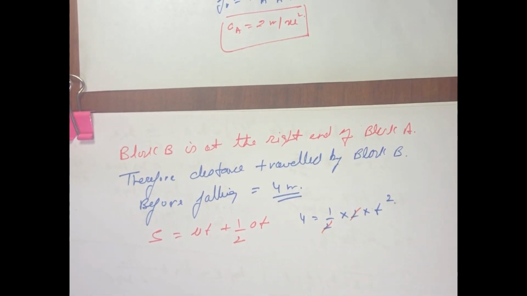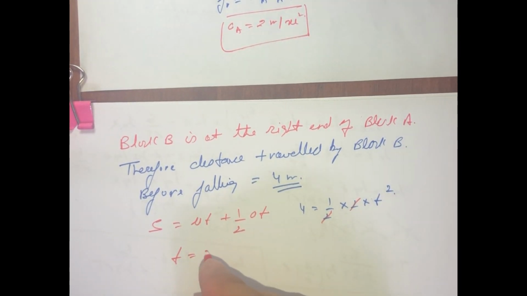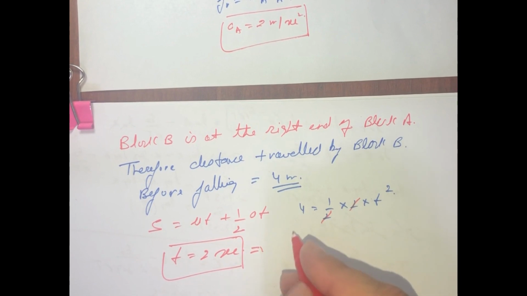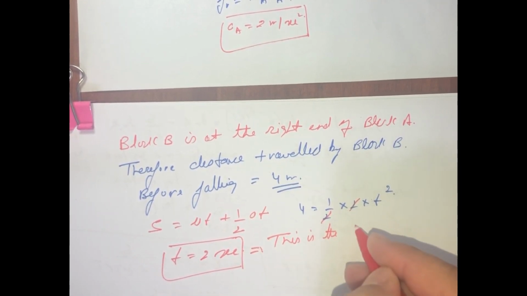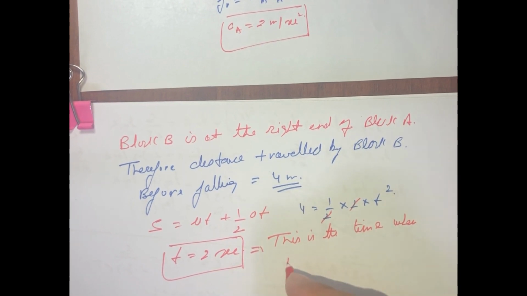So from here we get that time will be equal to 2 seconds. So this is the time when B falls off A.